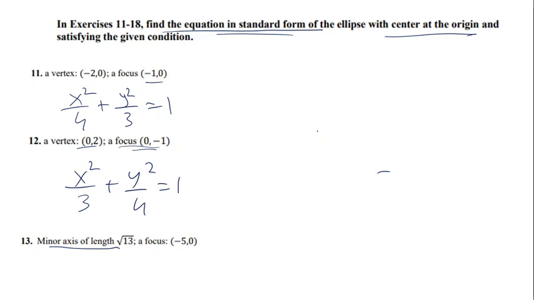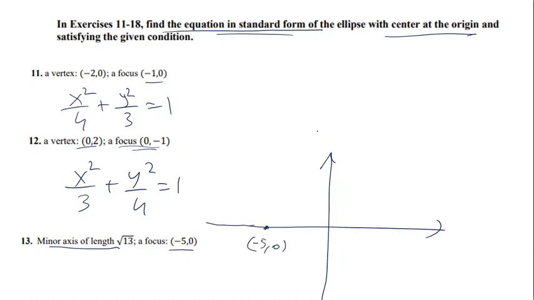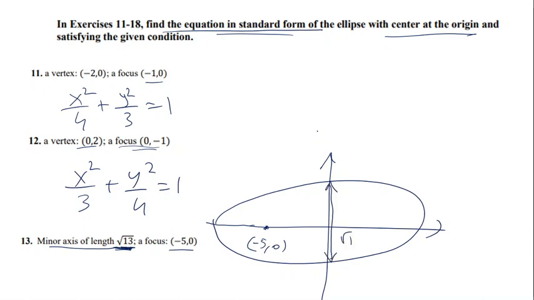Where is the focus? The focus is at (-5, 0), and that is here. If this is the focus, then the ellipse should be like this, the long side here. And the minor axis length is square root 13.